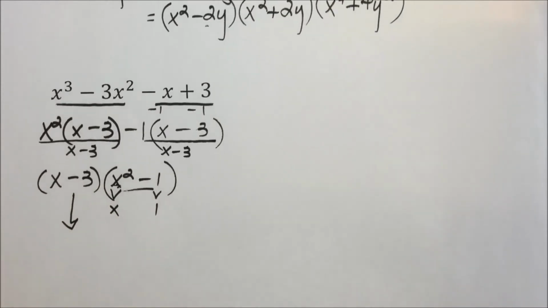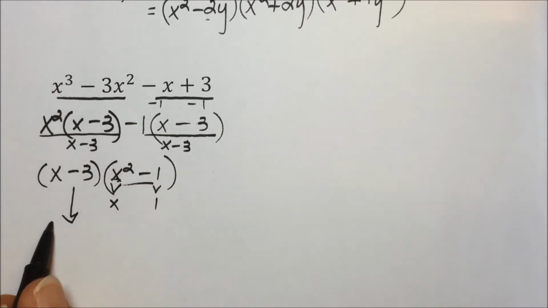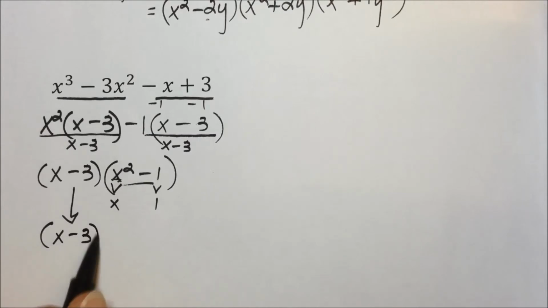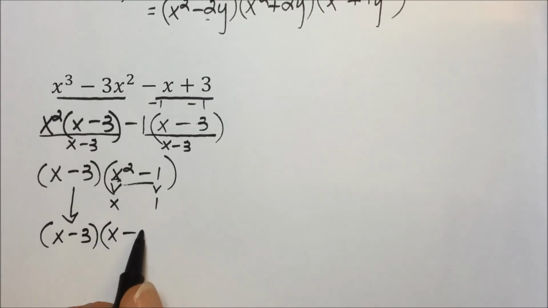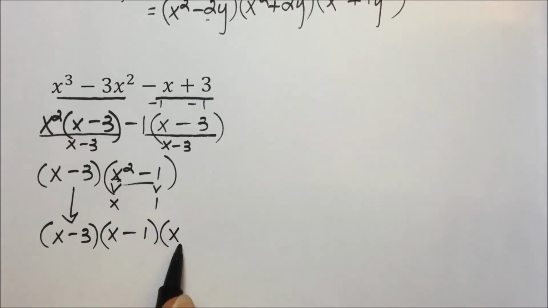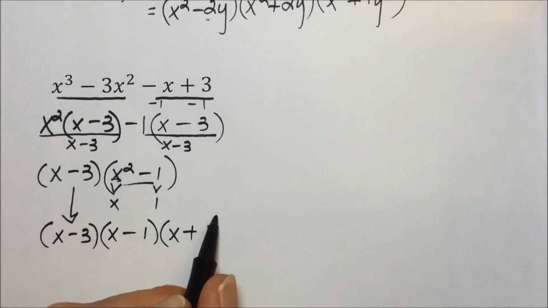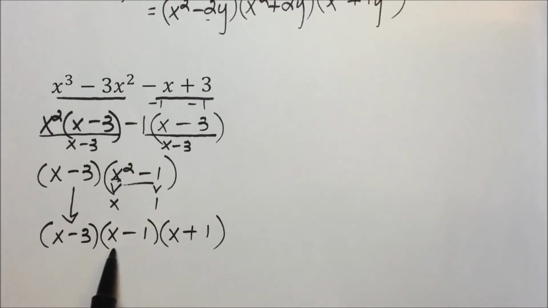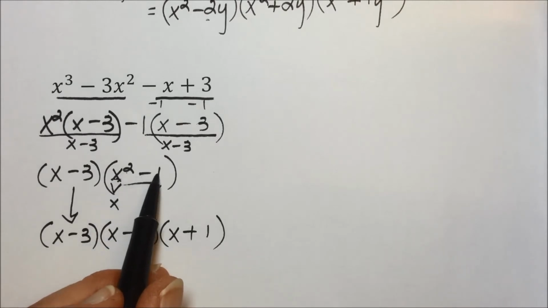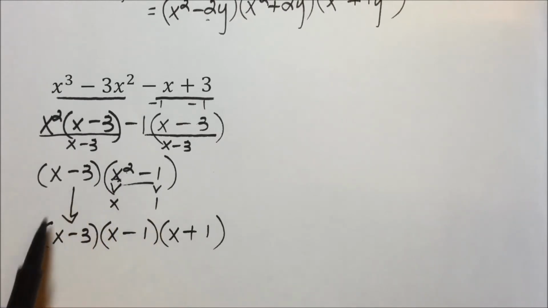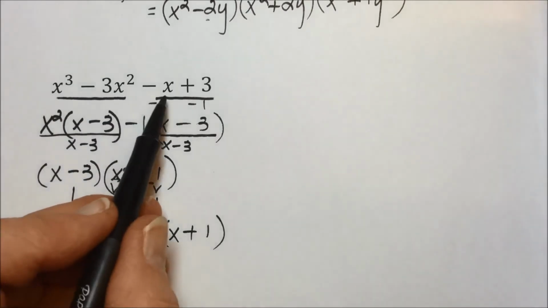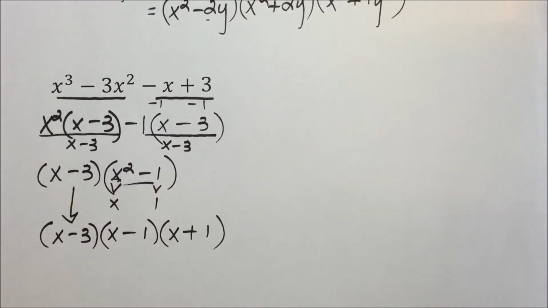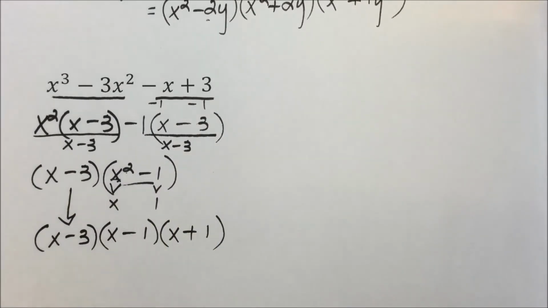So the final factored form for this would be the x minus 3, but replacing x squared minus 1 will be the square root of the first minus the square root of the second times square root of the first plus square root of the second. When you multiply these two binomials together, you should end up with an x squared minus 1. Multiply it by your x minus 3 will eventually result in those 4 terms.